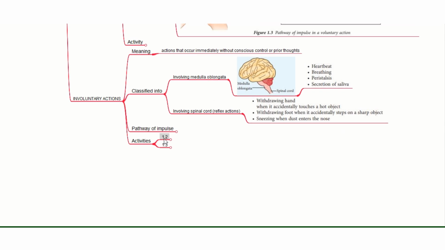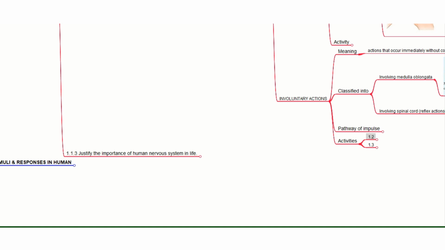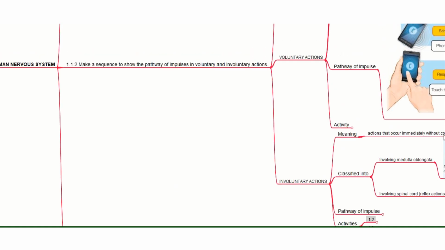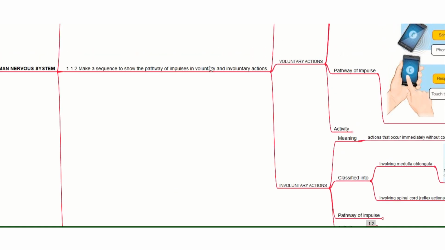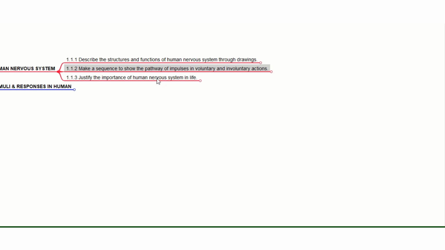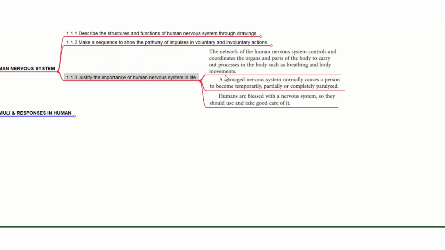So we have covered 1.1.2, and lastly 1.1.3, justify the importance of the human nervous system in life.